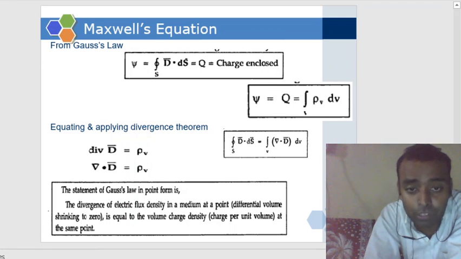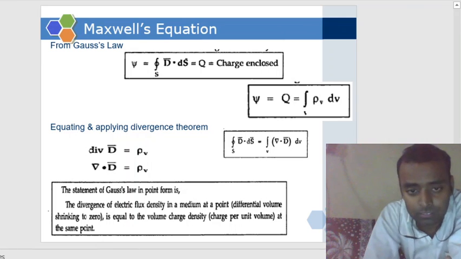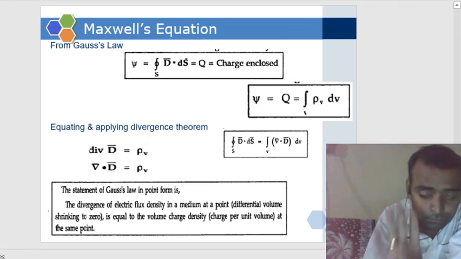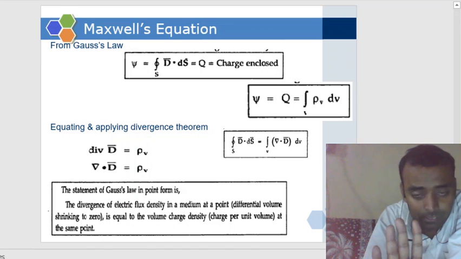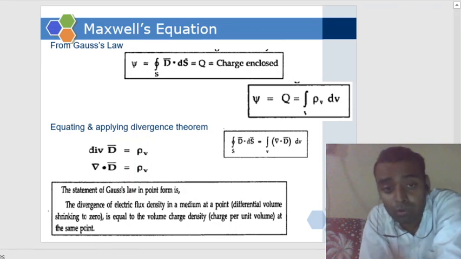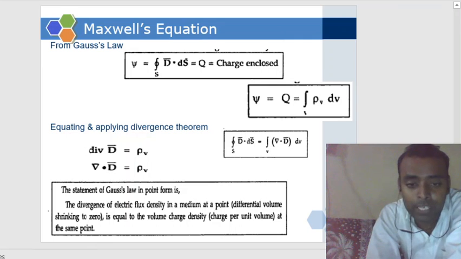Okay, this is the point form of Gauss law and our Maxwell's first equation. How many equations did Maxwell have? Four, isn't it? We had four equations which we had discussed in our first lecture. So we got one. First equation, del dot D is equal to rho v.